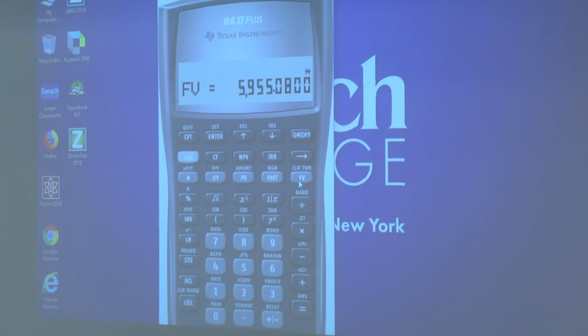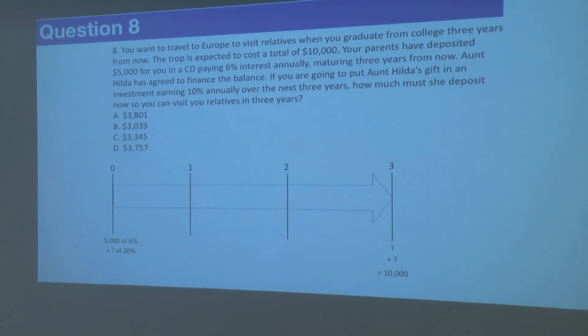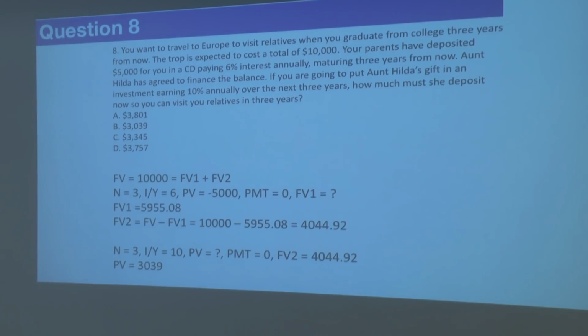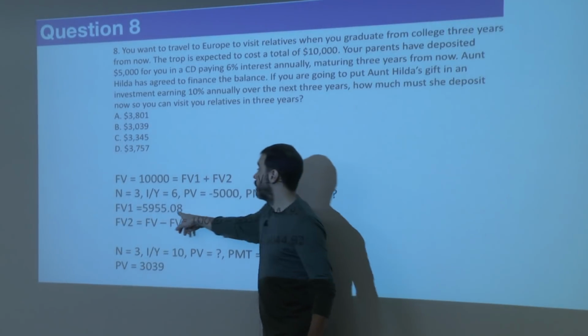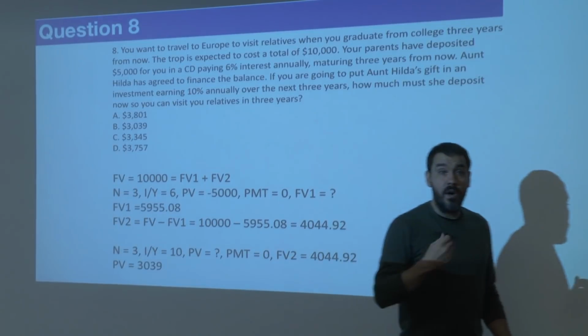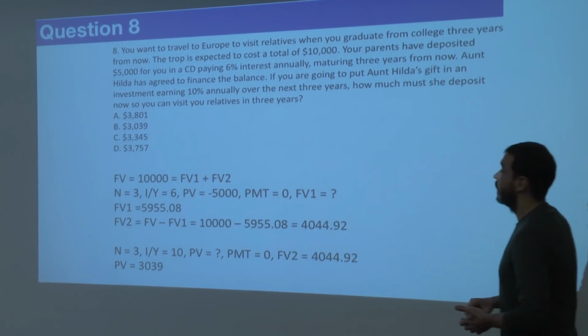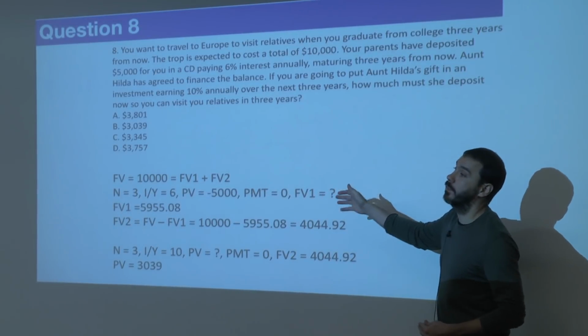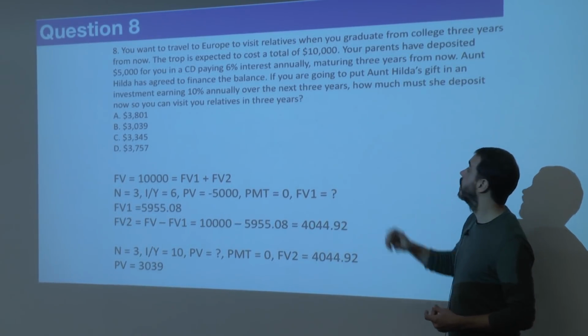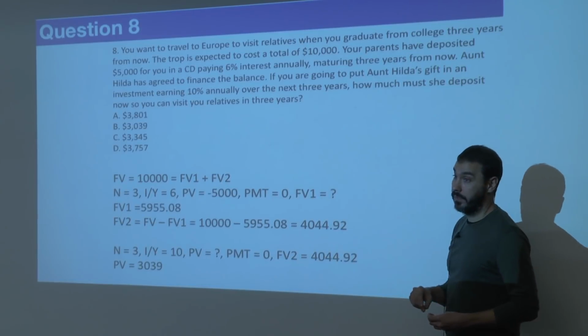Okay? Which is this number. So this is how much I will have in 3 years from this $5,000 that my parents invested for me in certificates of deposit, which earn 6%.